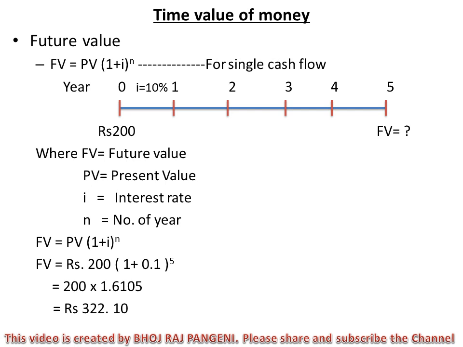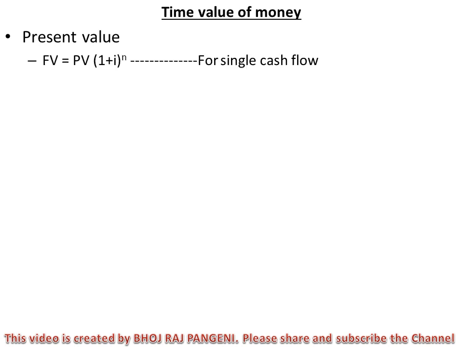Now it is time for calculating the present value. We have discussed the future value. We already know the formula FV equals PV (1 plus i) to the power n for single cash flow. Now we can calculate the PV from this formula also: PV equals FV divided by (1 plus i) to the power n.